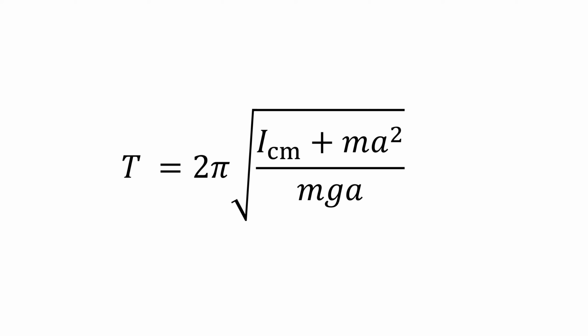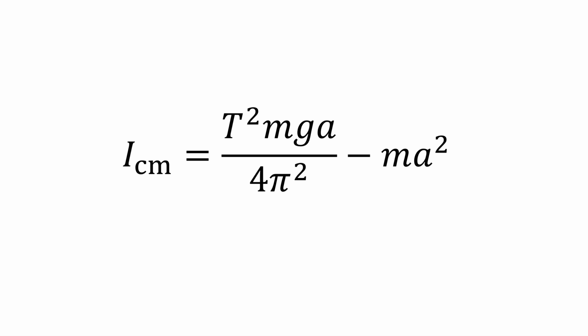Again, we will start from this relation for the period T of a physical pendulum, where I_CM is the moment of inertia of the pendulum with respect to the axis of rotation passing through its center of mass, and a is the distance of the currently used axis of rotation from the pendulum's center of mass. M is the mass of the physical pendulum, and g is the effective gravitational acceleration in the vicinity of the pendulum.